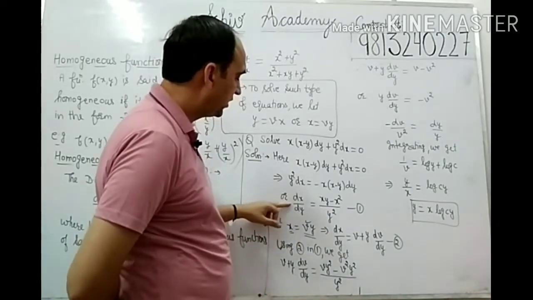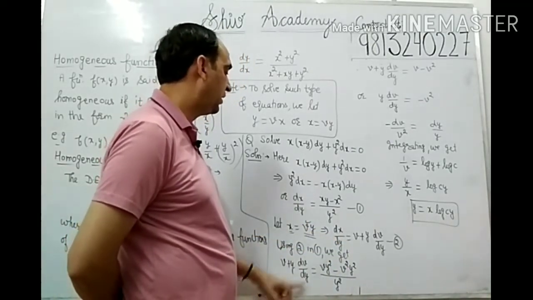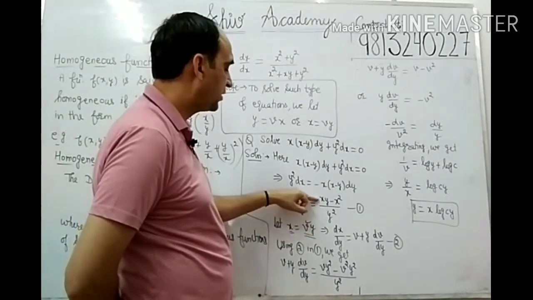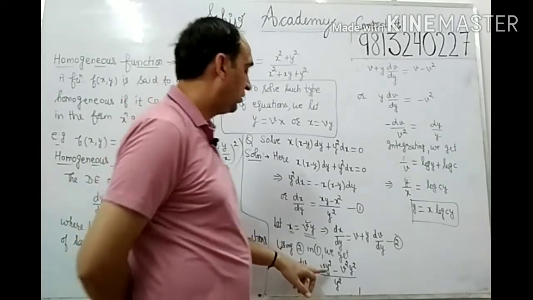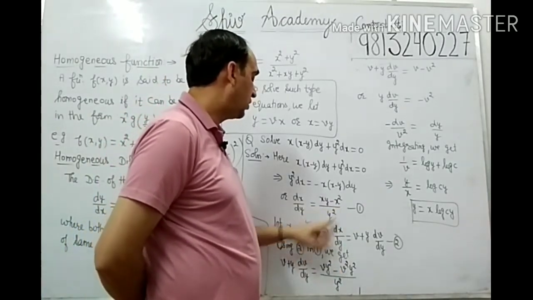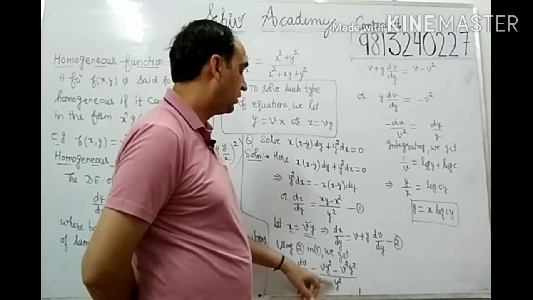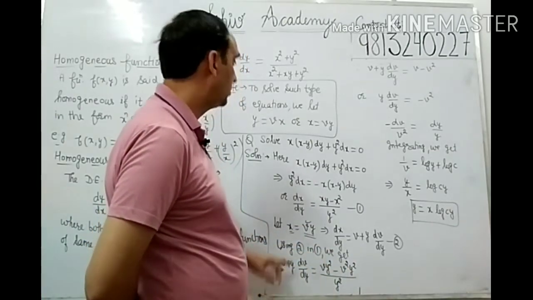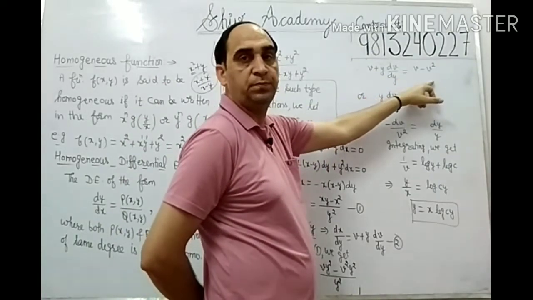What we are getting is dx by dy, whose value is v plus y dv by dy, and on the right side we put x equal to vy. So v into y square minus v square y square upon y square. Y square common, cancel out, so we have v plus y dv by dy equal to v minus v square.